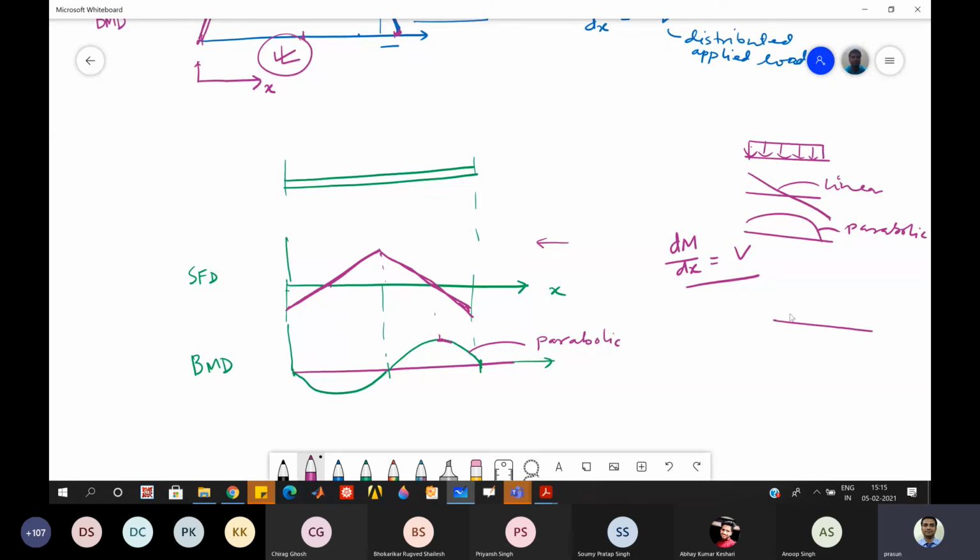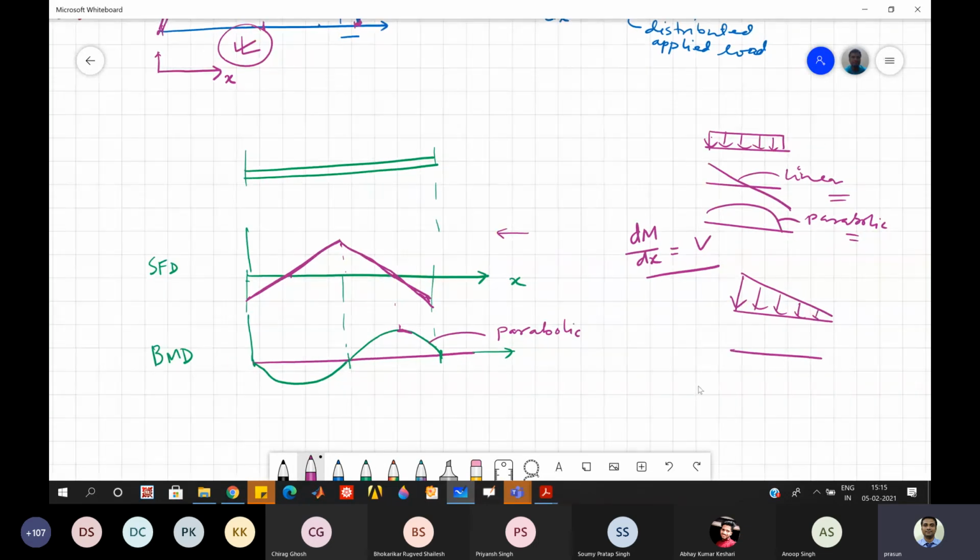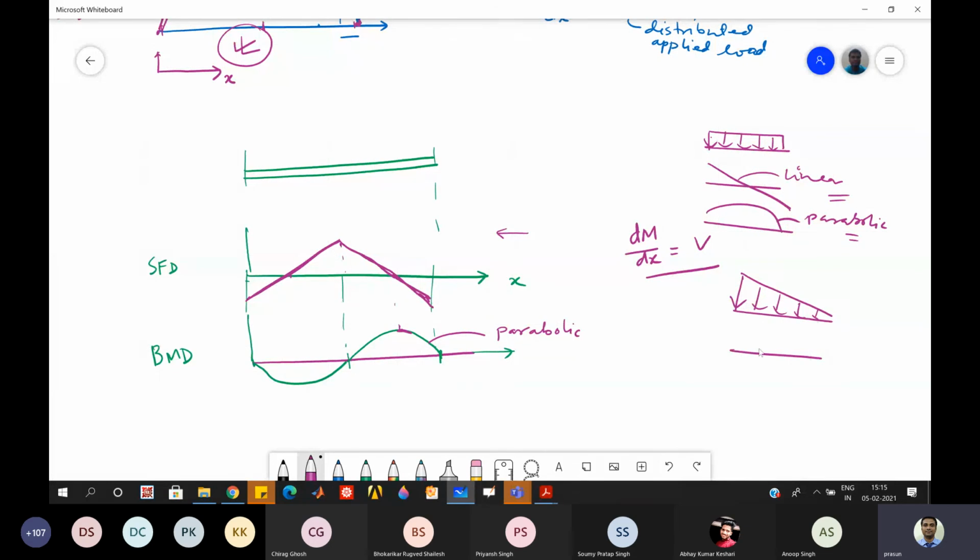But if you have a distributed load which is triangular, then this becomes, I'm giving you the kind of pattern of this curve, but whether it is cubic this way or that way, we have to see how it is applied. So your SFD will become parabolic for a triangular load, and your BMD will be cubic. Okay, so some cubic variation.